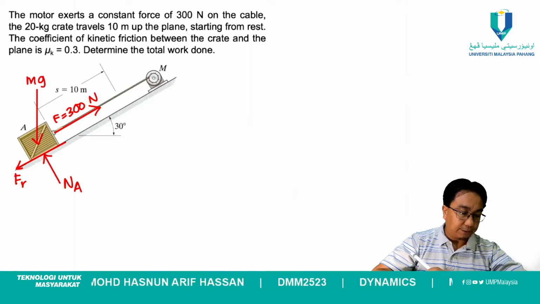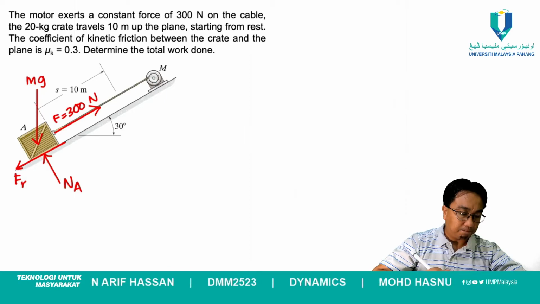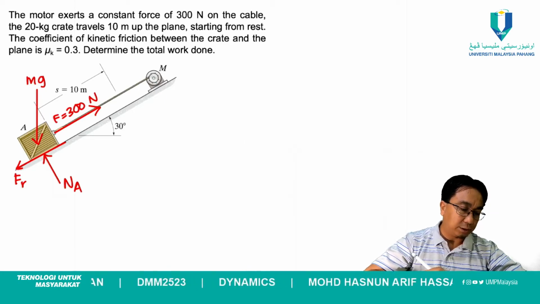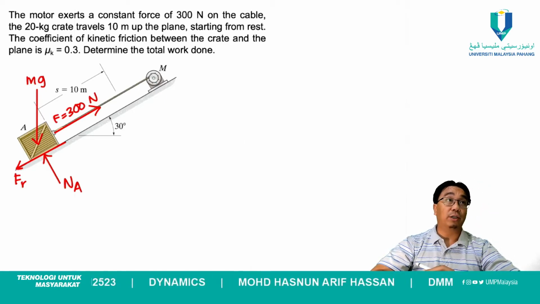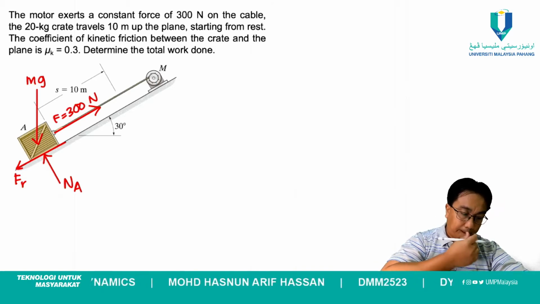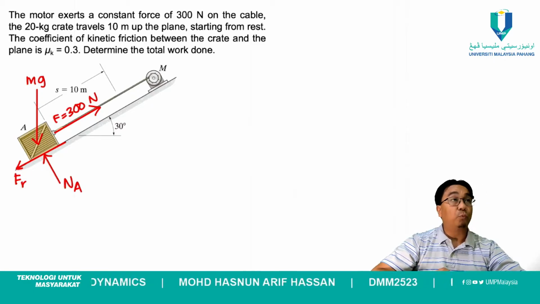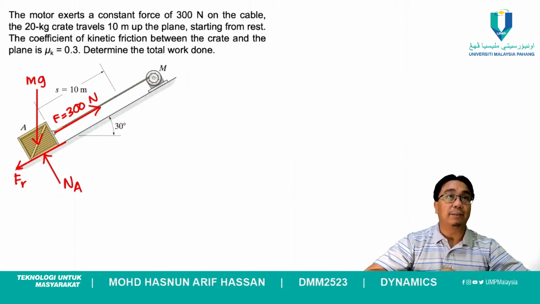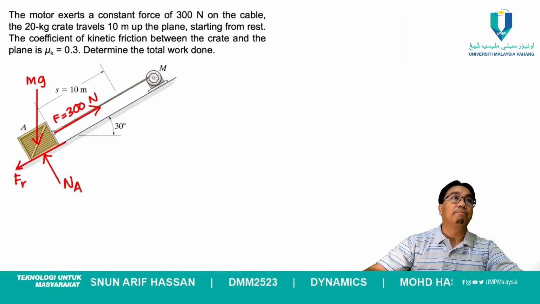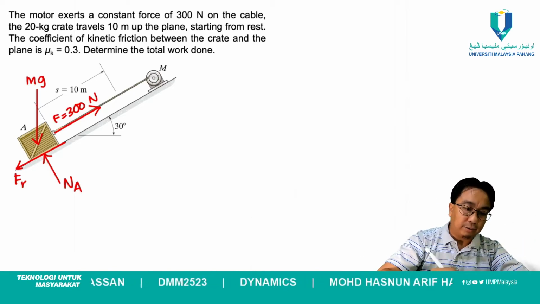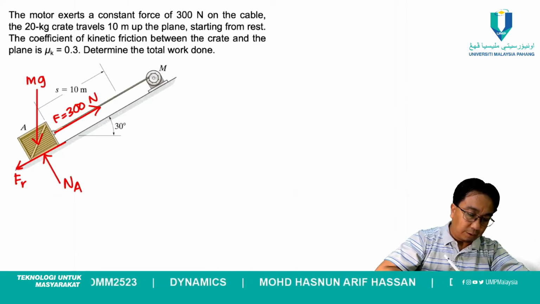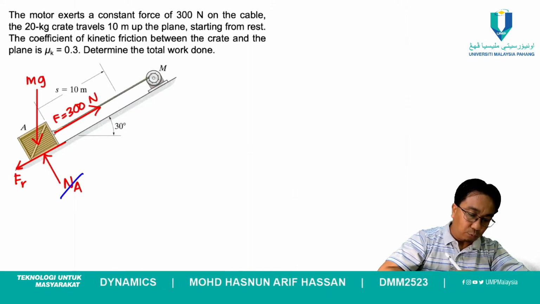Let's first determine which force is doing work and which one is not doing work. Which one is not doing work in this case? NA, normal force. NA is not doing any work.